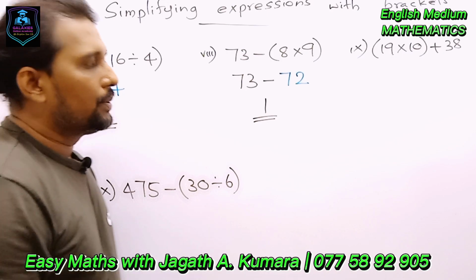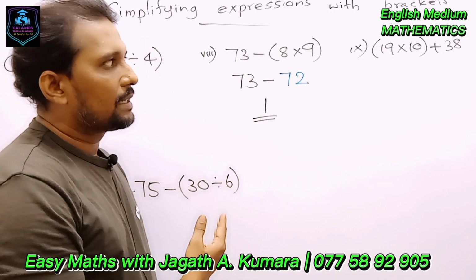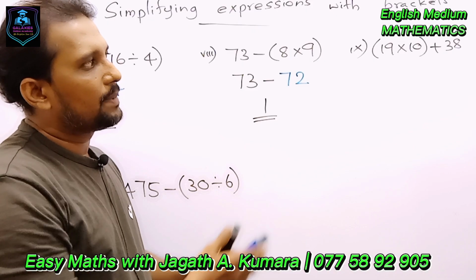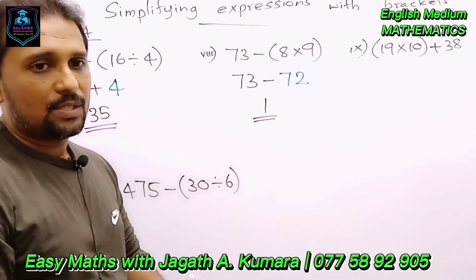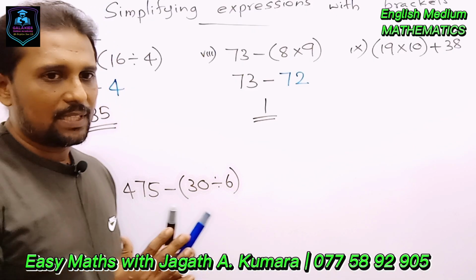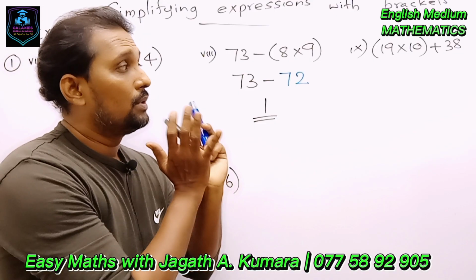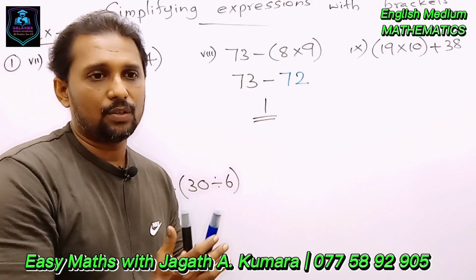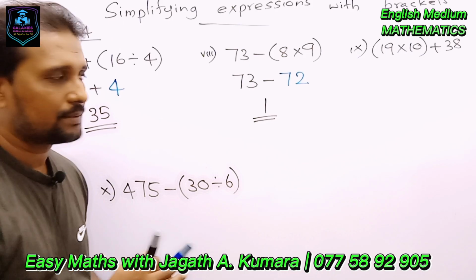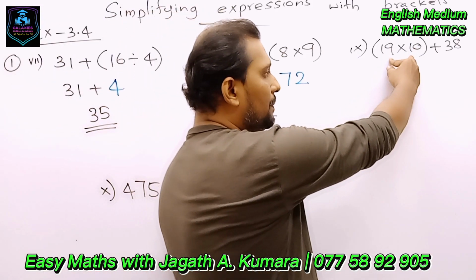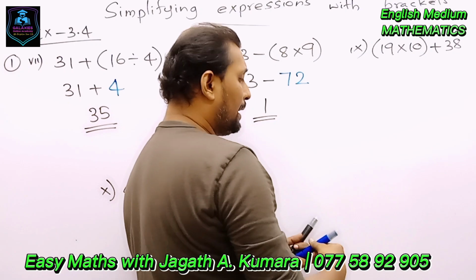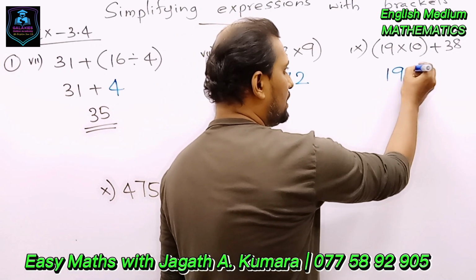Roman number 9, look at. Inside the bracket 19 multiply 10, outside the bracket plus 38. According to the theory of this lesson, you have to do inside the bracket first. Inside the bracket, multiply these two: 19 multiply 10 is 190.